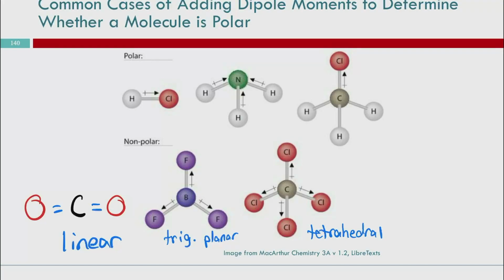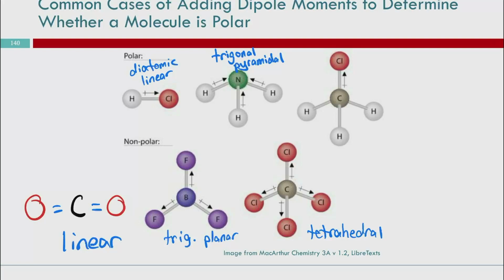For our polar things, we've got a couple of our shapes up there. We've got diatomic linear. If we have a polar bond, then it's polar. We've got trigonal pyramidal. Those arrows also add up.